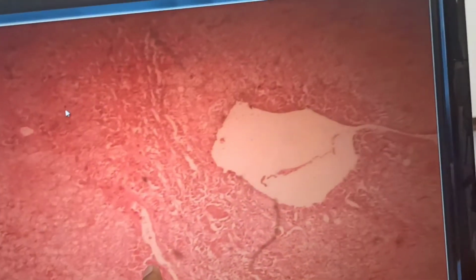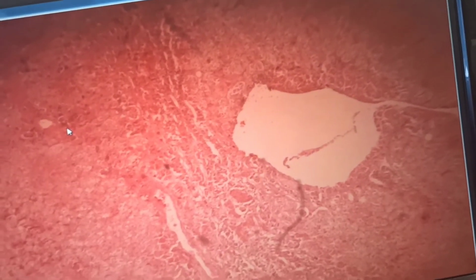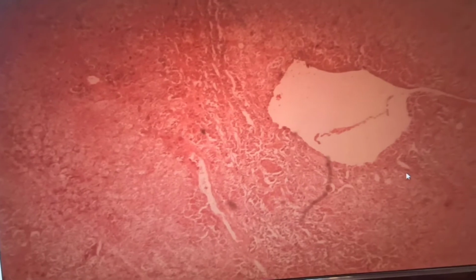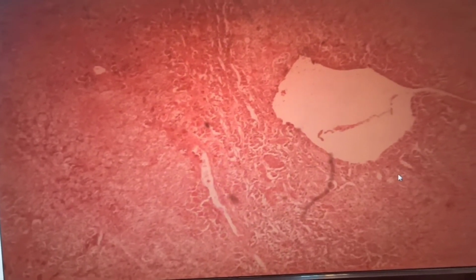We have the medulla around some central veins, and whatever is around them is called the medulla.